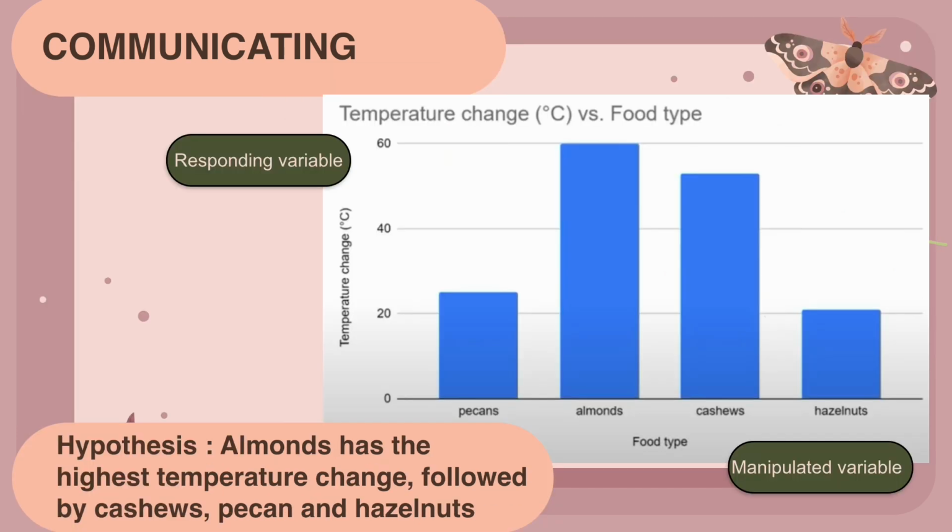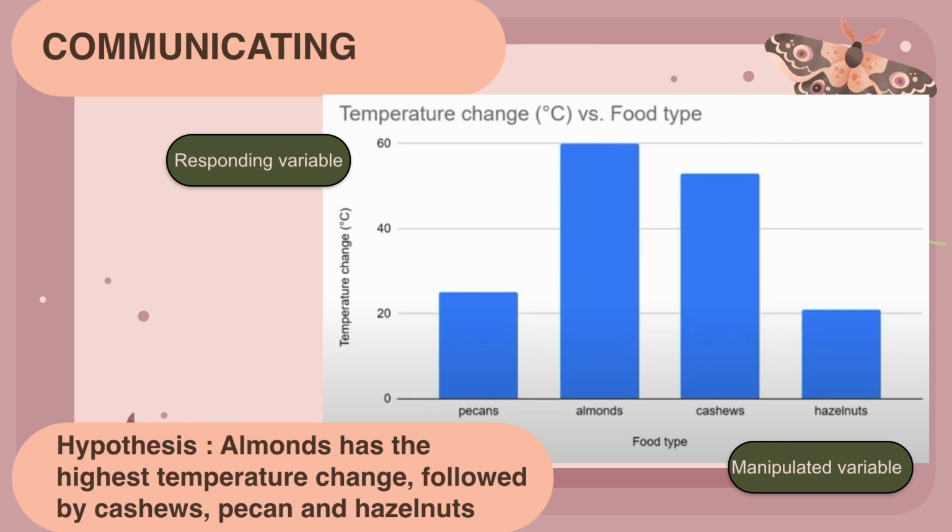This is another example of communicating using graph, but this one is a bar chart. Just now it was a line graph. This one is a bar chart, but the axis remain the same. The manipulated variable is at the x-axis and the responding variable is at the y-axis.